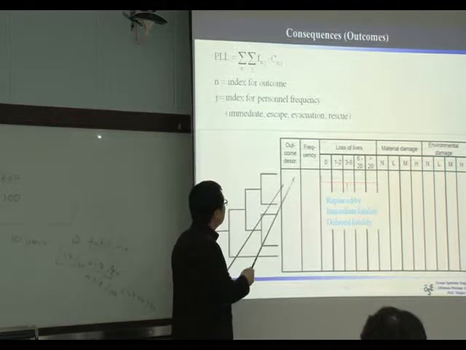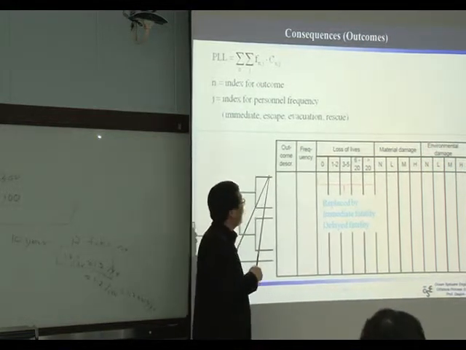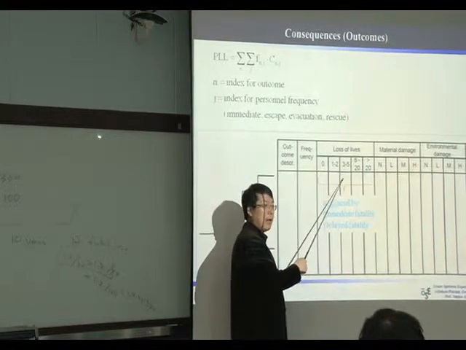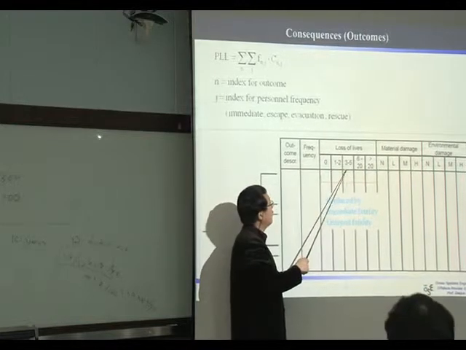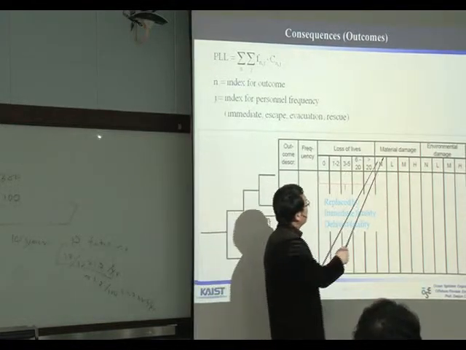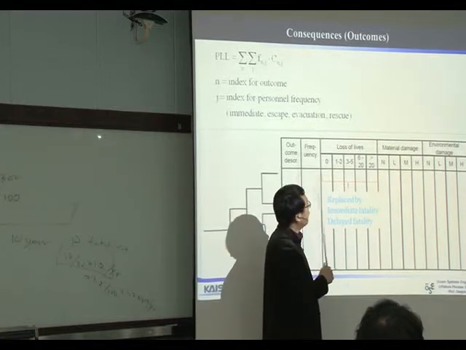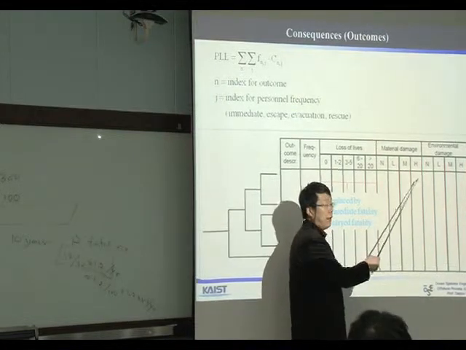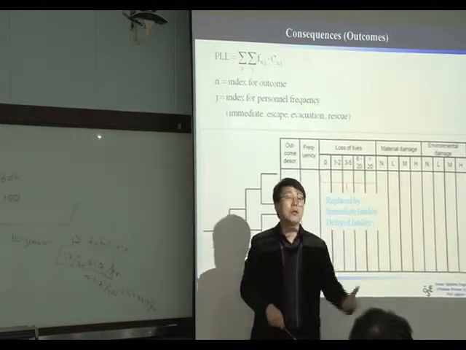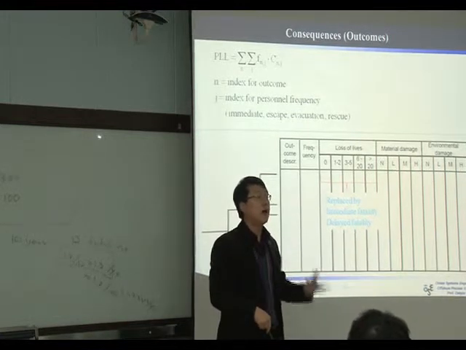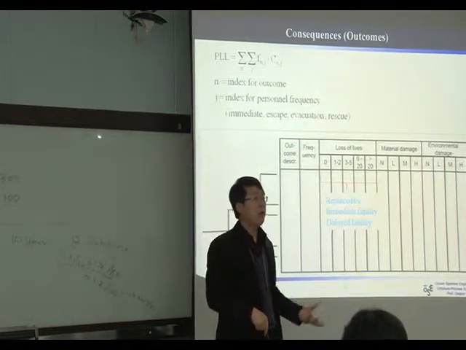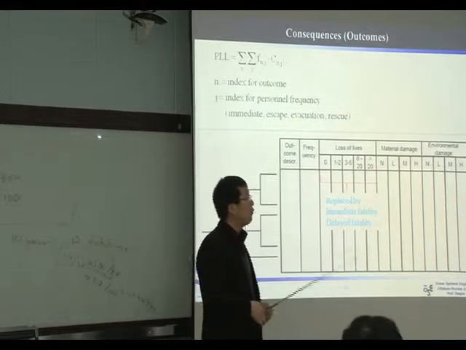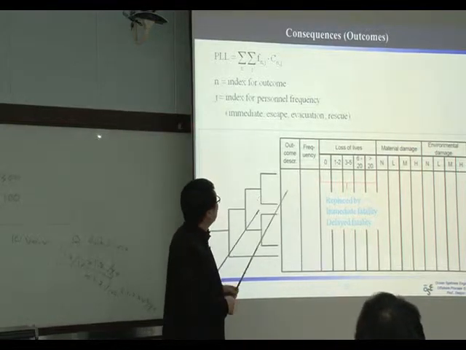So, for example, this accident can cause 3 to 5 deaths or fatalities, and this accident can cause high asset damage. So we need to define what is high asset damage. They can be maybe $200 million, like this.